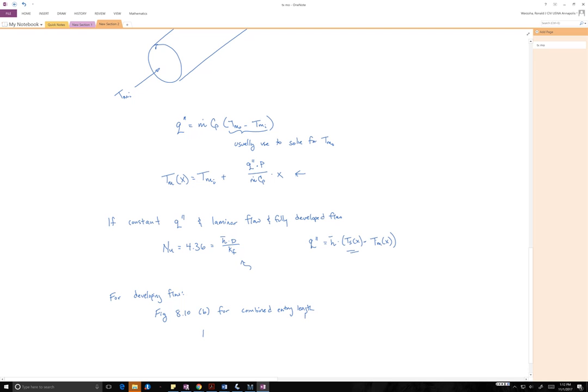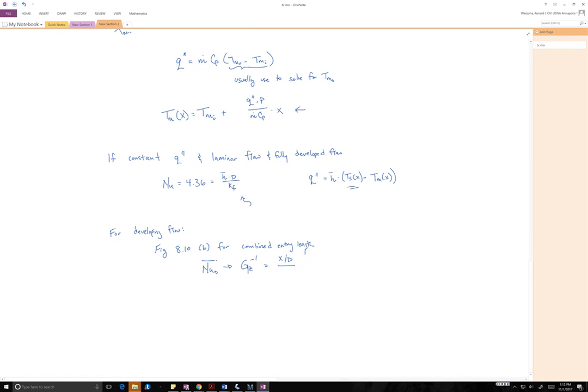And my average Nusselt number I can get by solving for my inverse Graetz number, which is equal to x over d divided by my Reynolds number times my Prandtl number.